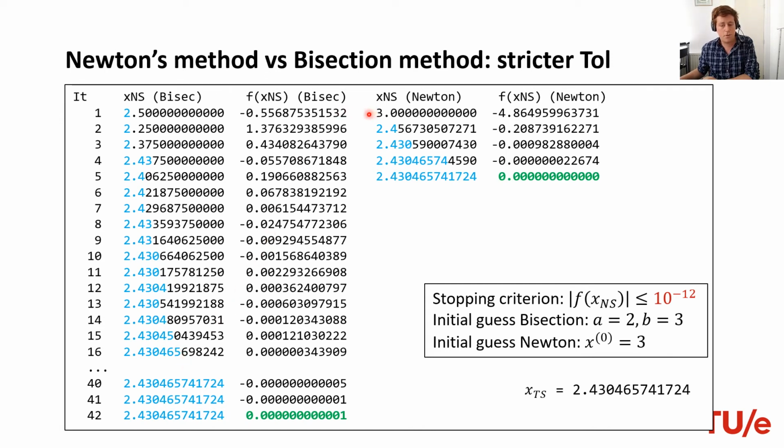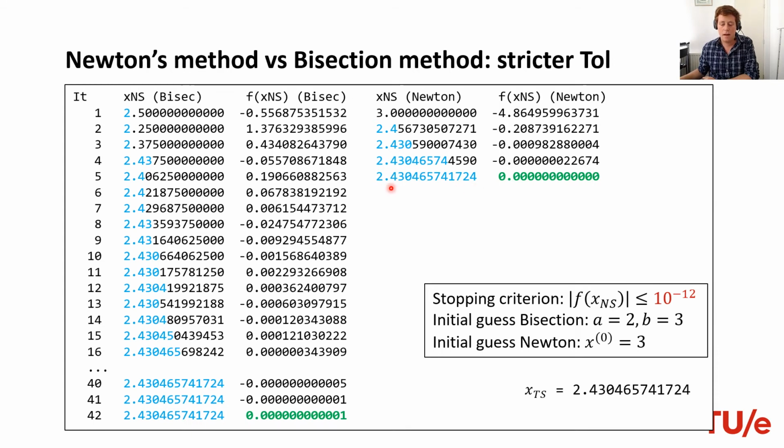Whereas with Newton, we can clearly observe the quadratic convergence. We start from 2 correct digits, the 2 and the 4. Here we already have 4 correct digits. Here we have 8, and then this is at least 12 correct digits.